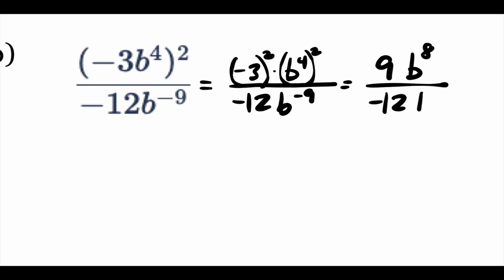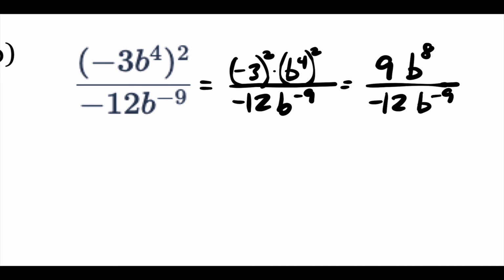Good. Okay, now I'm ready to work on the bottom now. B to the 8th? Because it was b to the 4th, right? And then squared. So if I have a power to a power, my rule said multiply the powers. Okay, so no more parentheses.